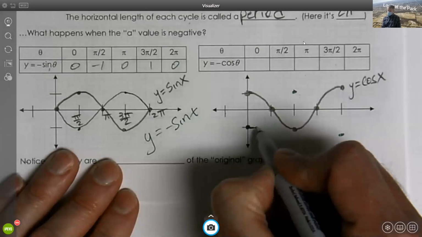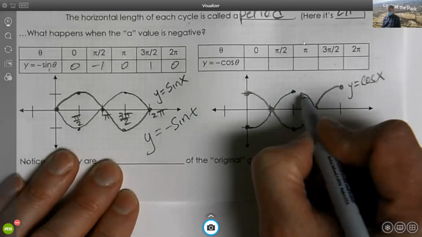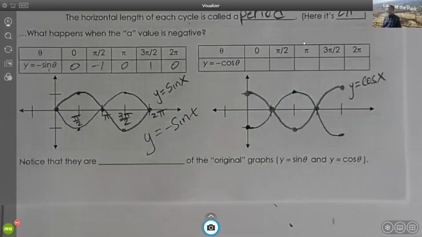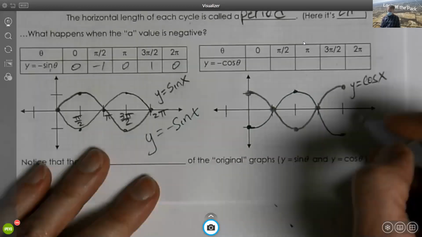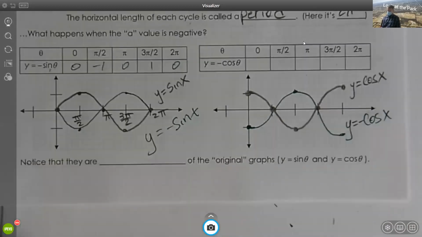Notice that when I graph these and draw the curves, they are actually curves and not V shapes. So try not to make it go up and be really sharp, but make that continuous curve the best you can. Y equals negative cosine of x. So notice that these are reflections of the original graph.